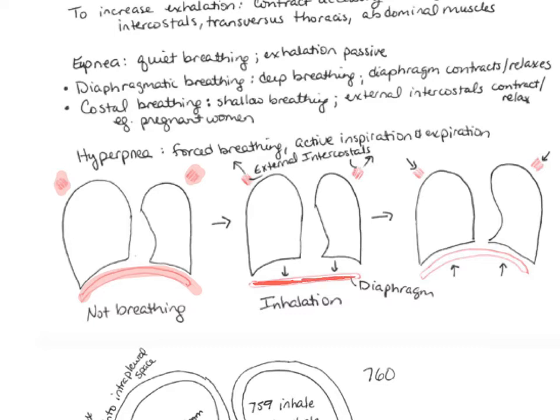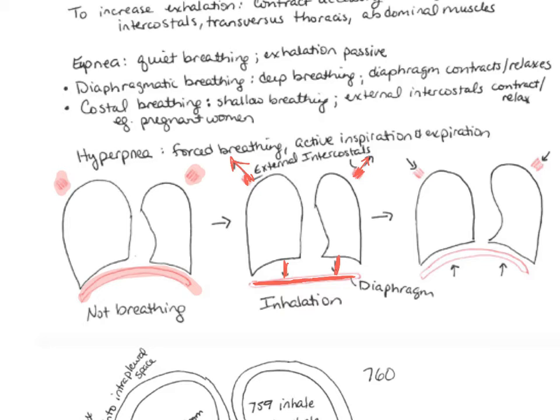So the diaphragm flattens out, and it expands the thoracic cavity by this much. At the same time, the external intercostal muscles are going to pull the rib cage up and expand the thoracic cavity that way.